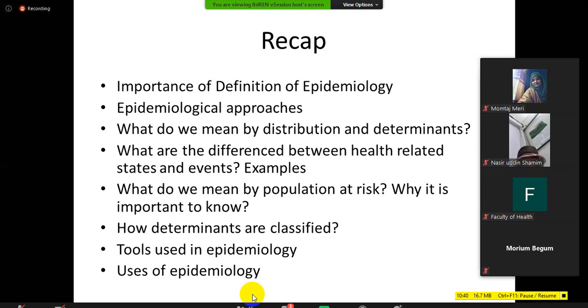So, three important courses for public health. One is epidemiology, another is research methodology, and the third is biostatistics. Actually, these three courses are new for you, even for medical doctors. In medical school also, we do not have extensive study in these three courses.